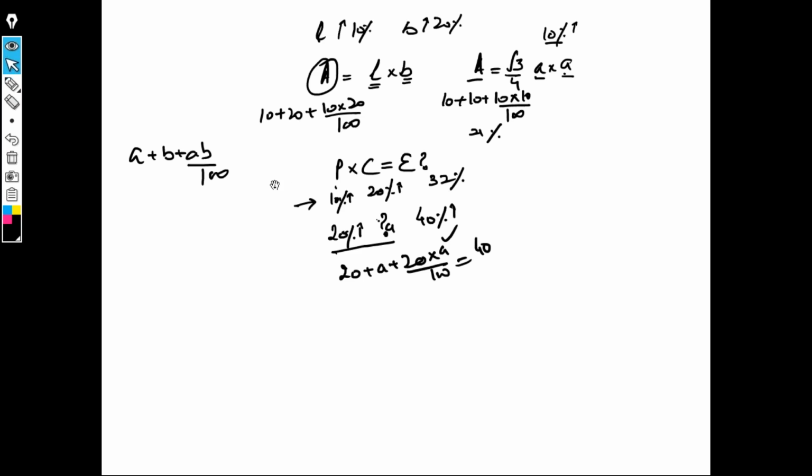Okay, wait. So here I'm saying, if you come across a question where the price of an article, consumption of an article, and expenditure of an article is mentioned, right?